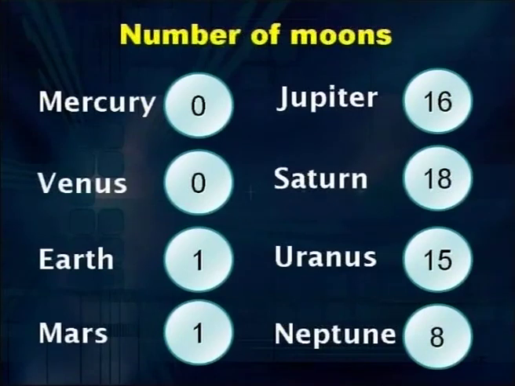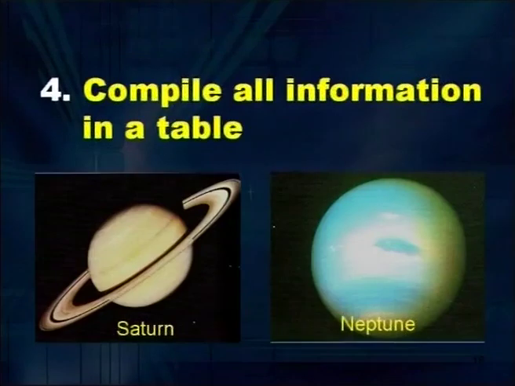Sorry, correction. What is it? Earth has one, yeah. Mistake, one. Earth has one moon. Okay, good. Thank you for reminding me that.